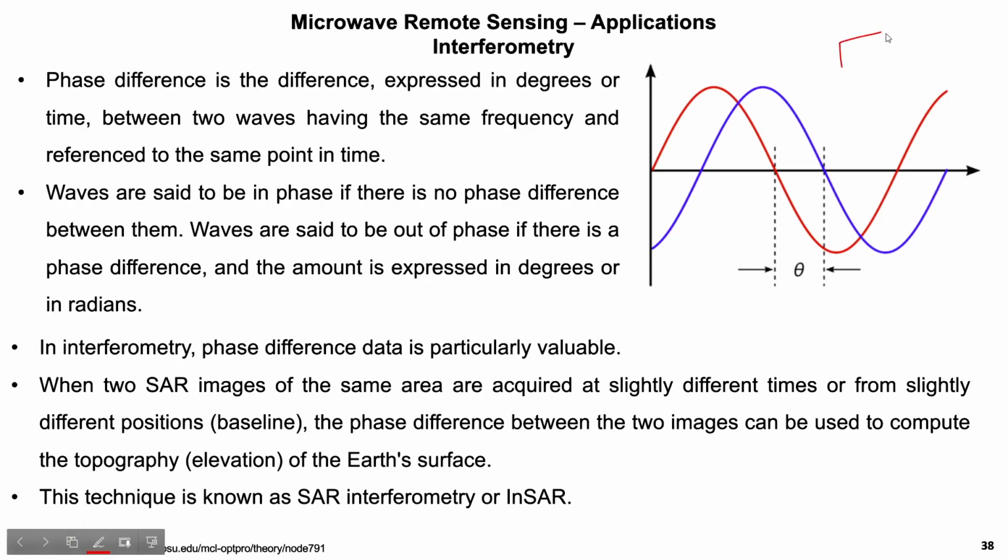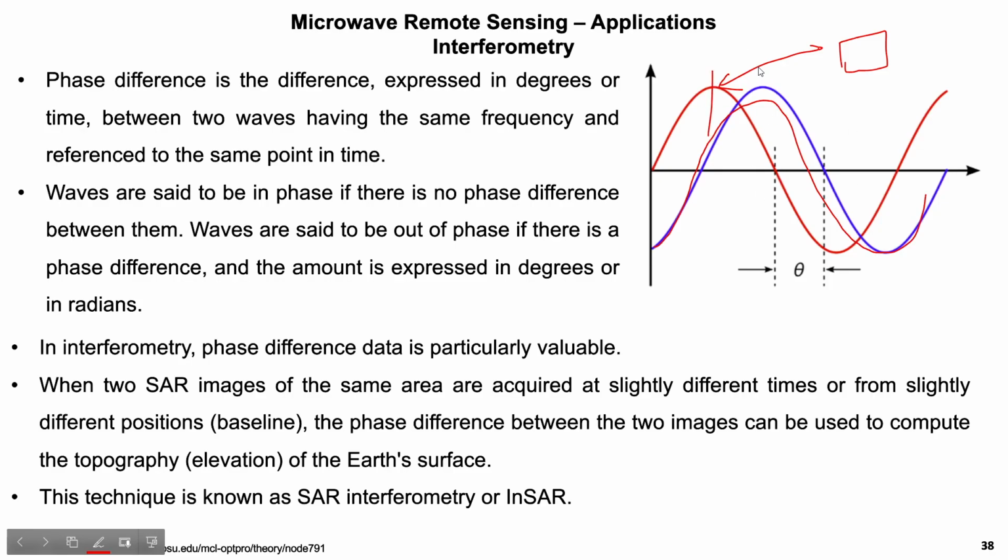I'm talking about only one single pixel here. In the first pass, this pixel has produced this kind of phase, and after some time something happened on the ground. When the satellite is measuring the same place from the same position again, it is giving me a phase difference that is represented by the blue line.